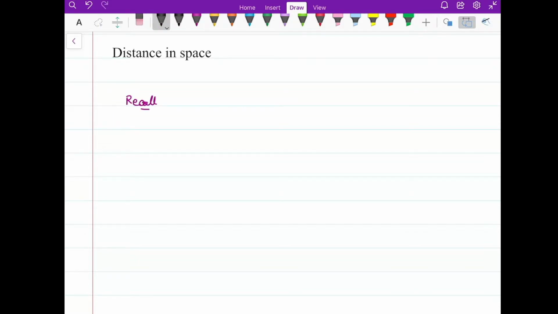If you remember, in one variable calculus, the distance from a point, for example (x, y), to the origin is what?